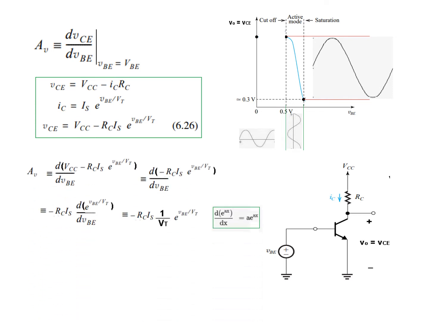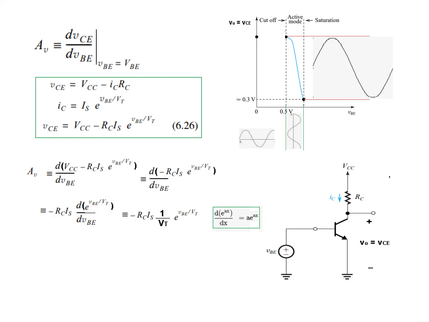Now putting this value of VCE in this equation, AV can be written as this. VCC is constant, so this goes, and we're left with this. RC and IS we take out, again it's constant. So we'll have a derivative of this term.